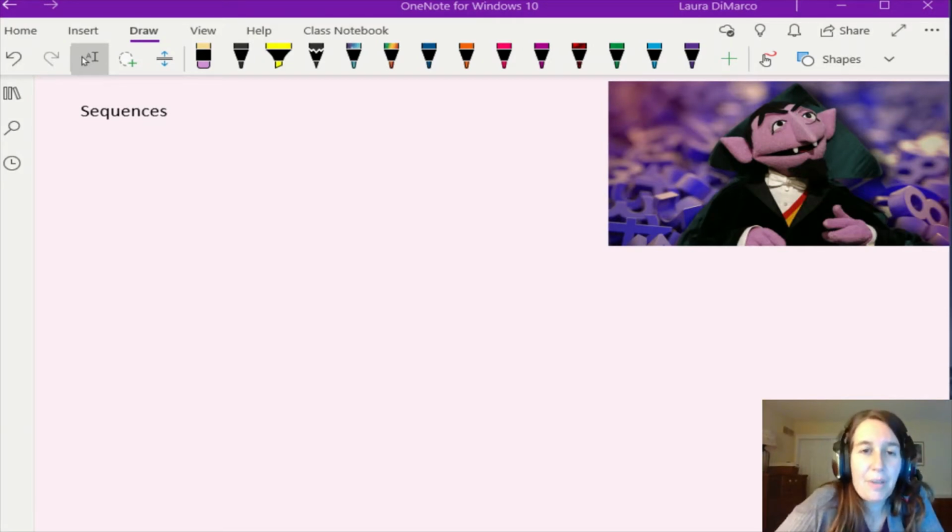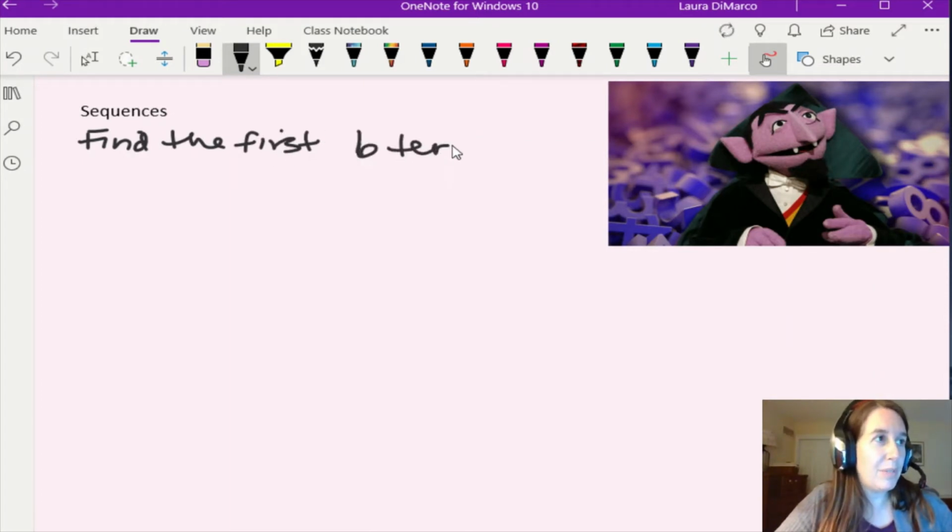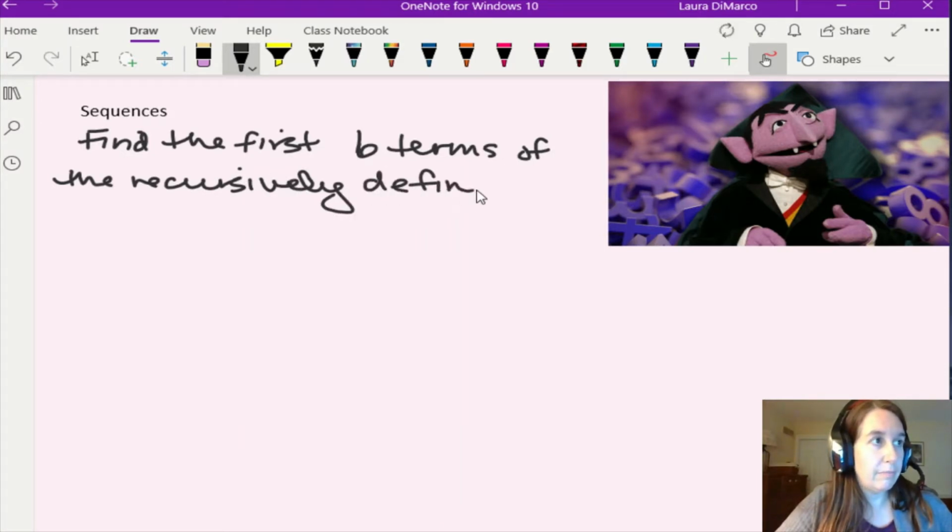Let's continue talking about sequences, and now we're talking about recursively defined formulas. So, for example, find the first 6 terms of the recursively defined sequence.